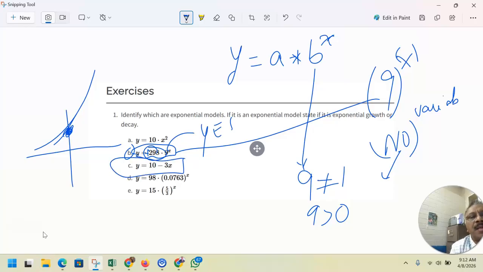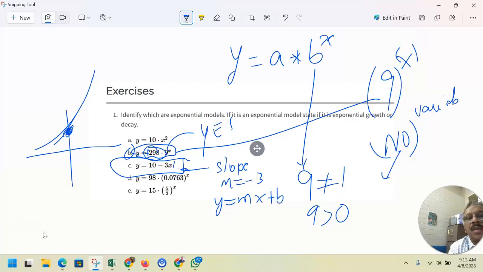The next one is a linear model because the degree is 1, and you can see the slope is -3. When you compare to the y equals mx plus b form, that's called the linear model.